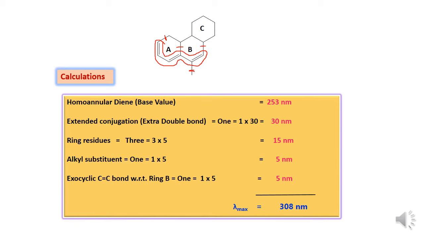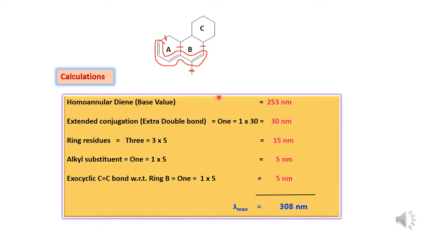Then we have to see whether there is presence of an extra double bond. So there is presence of one extra double bond. This double bond is the extra double bond and extended conjugation, because we have taken the basic value, that is 253 nanometer for the homoannular diene. So this double bond is the extra double bond or extended conjugation.